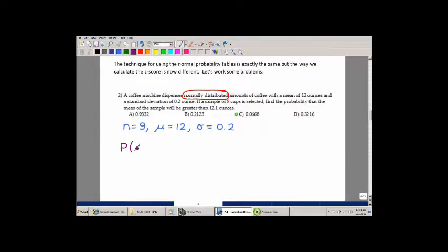Probability, well, first I'll put x bar. X bar is greater than 12.1 ounces. So now we have to convert that to z using our new conversion for standard deviation. So let's do that. Z is greater than 12.1 minus the mean of x bar, which is the same as mu, 12, divided by the standard deviation, but the standard deviation of x bar is the standard deviation of the population divided by the square root of n.